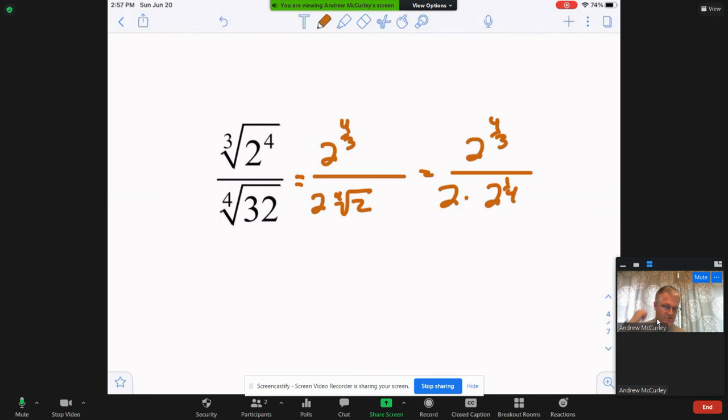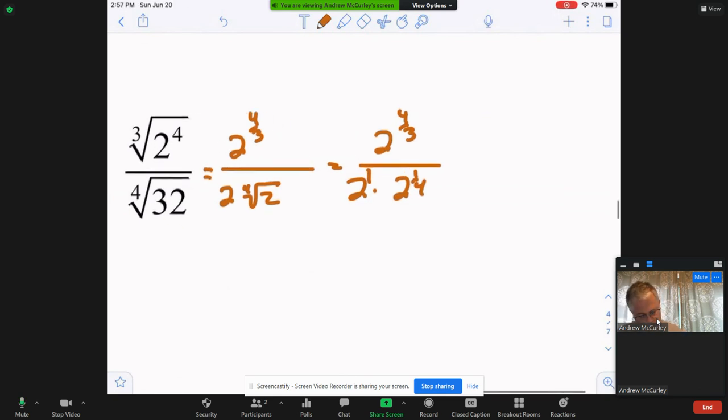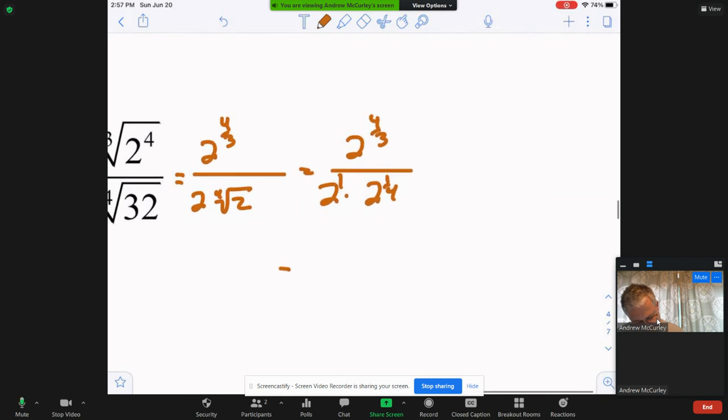So what we can do is now use the quotient rule. We can put them together first. This is 2^1, right? So now that's going to be 2 to the 4 thirds over 2 to the 5 fourths.